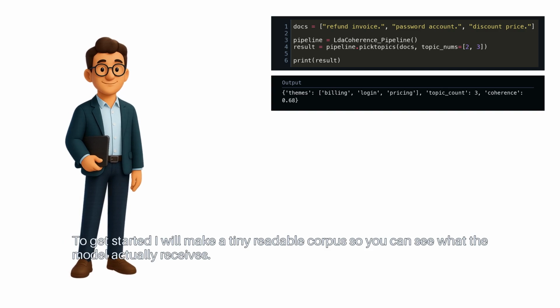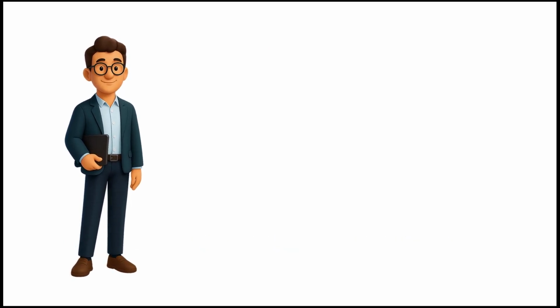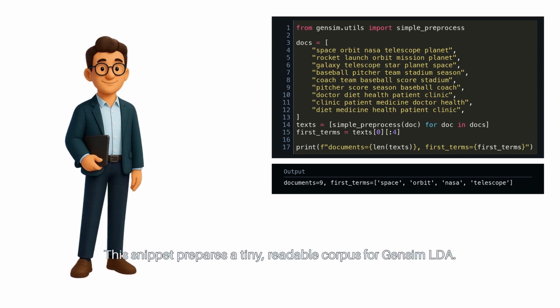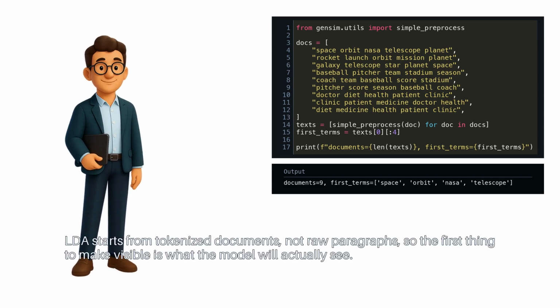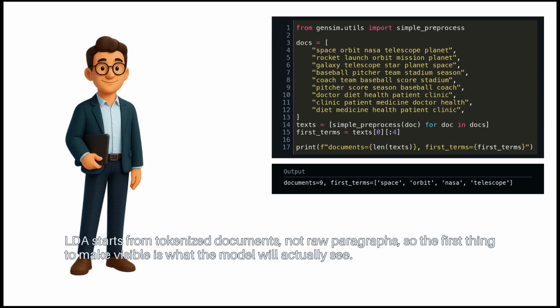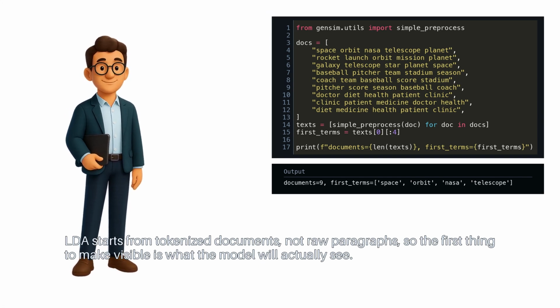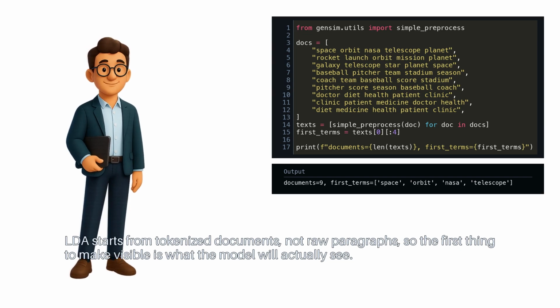To get started, I will make a tiny readable corpus so you can see what the model actually receives. This snippet prepares a tiny, readable corpus for Gensim LDA. LDA starts from tokenized documents, not raw paragraphs. So the first thing to make visible is what the model will actually see.